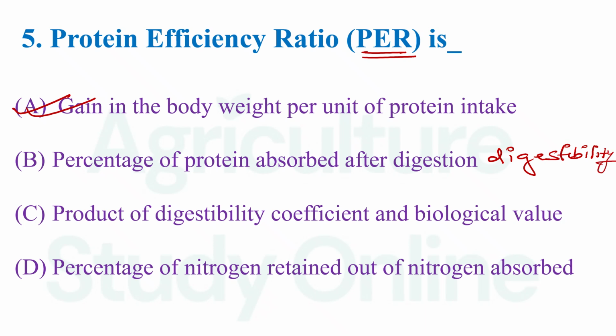Next, product of digestibility coefficients and biological value. So this basically refers to the protein quality, which we have read about in the PDCAAS concept.